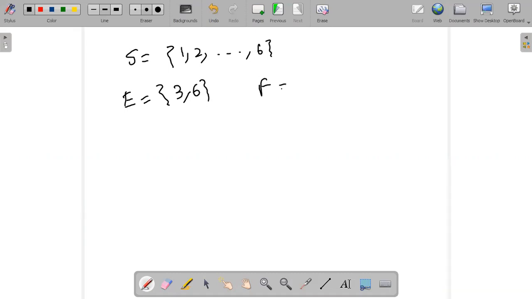And another event F is the number appearing is even: 2, 4, 6.